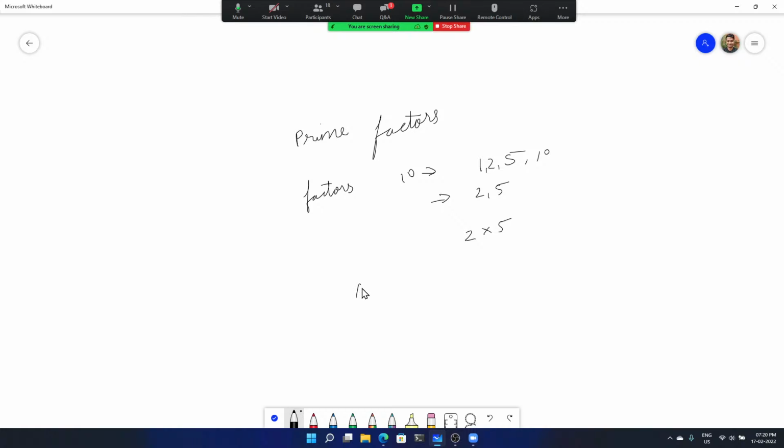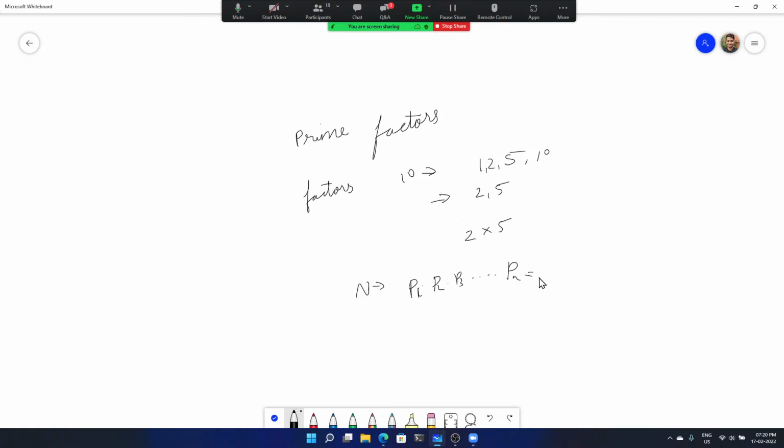For a number n, the prime factorization of it can be written as p1 into p2 into p3 and so on, up to pn, where all of these numbers are prime and the product of these is equal to n.